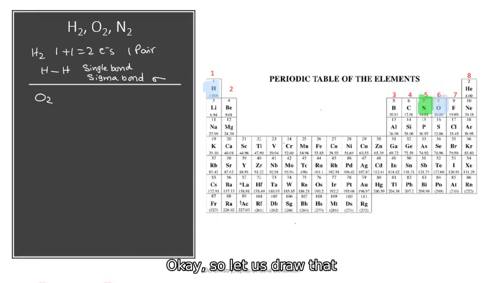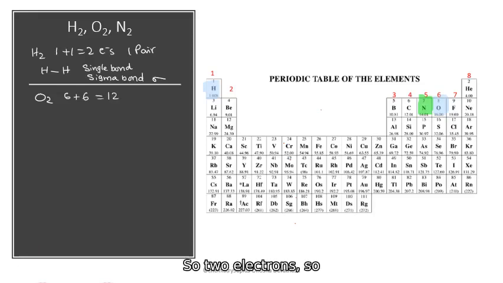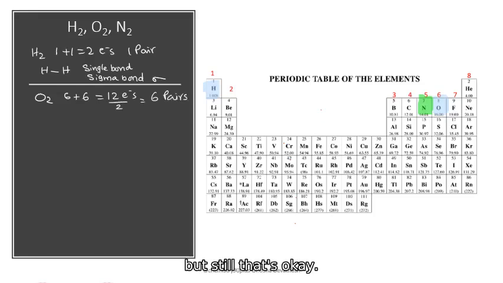Let us draw that one. 6 plus 6 because it is diatomic, so 12 electrons, and 12 divided by 2 is 6 pairs. We just showed this in the previous slide, but that's okay. So oxygen connected to oxygen is a single bond, a sigma bond, and now we have 5 pairs left.